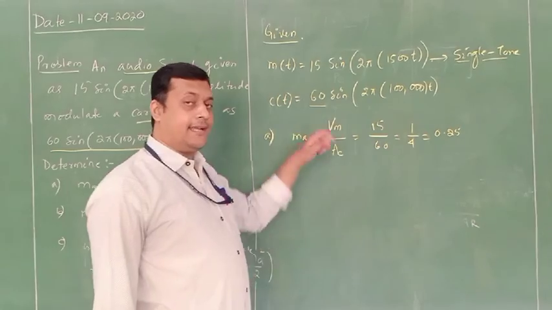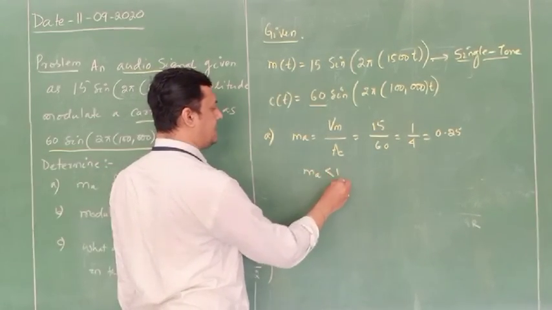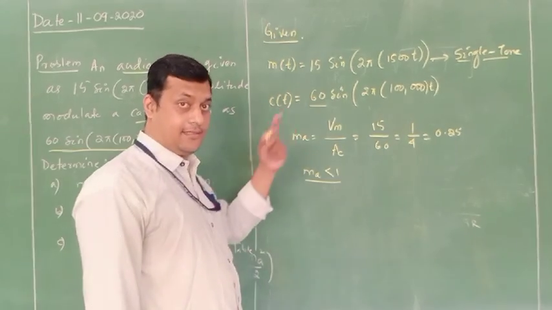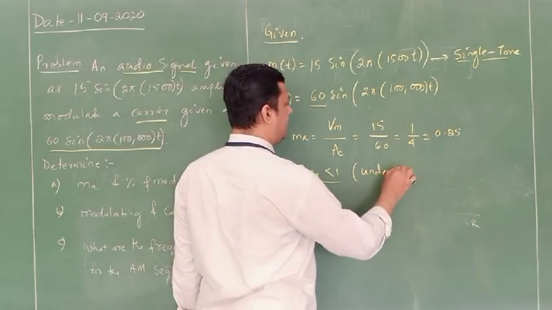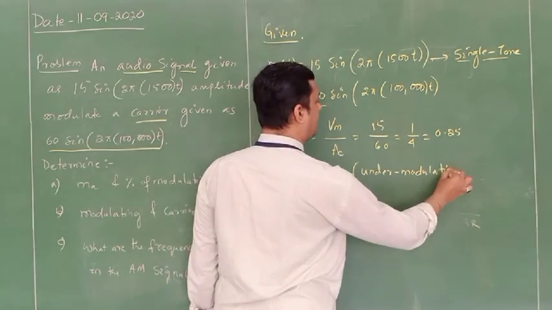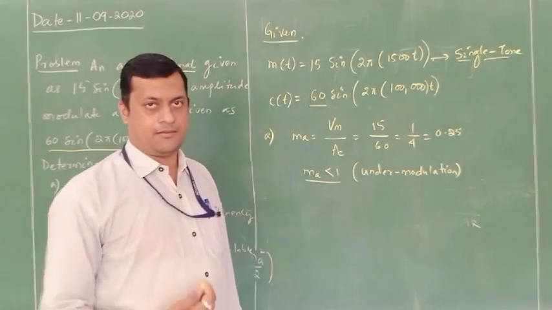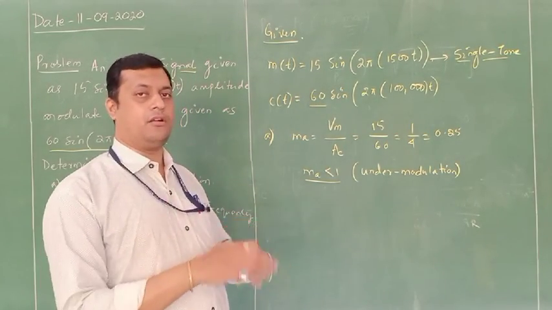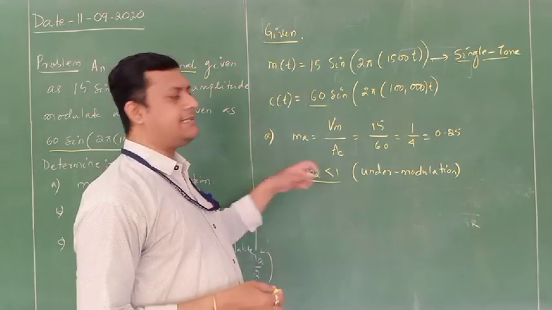Okay. Now what does this indicate? Your modulation index ma is less than 1. Yes, it is the best one. That is called under modulation, in which we will not face any sort of envelope distortion which may contribute noise to our amplitude modulated signal. So ma is less than 1.